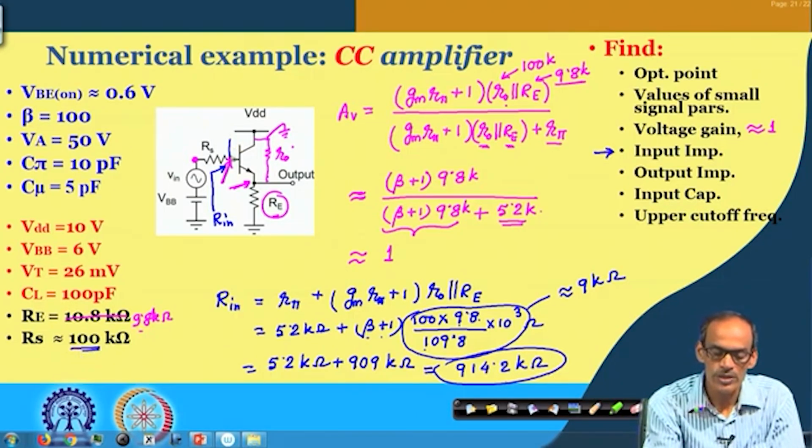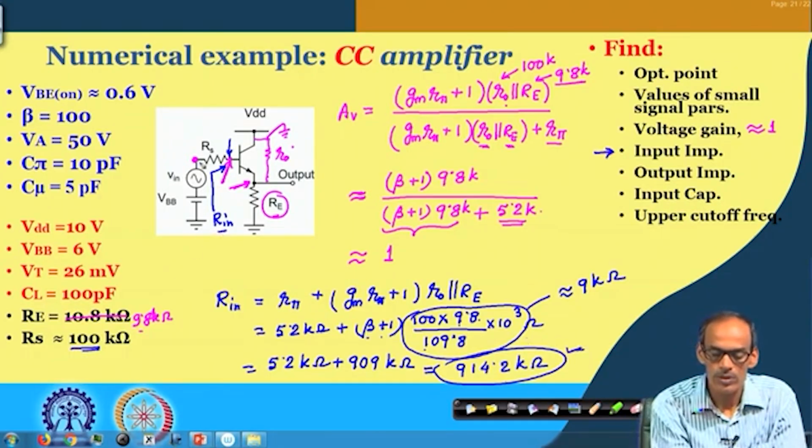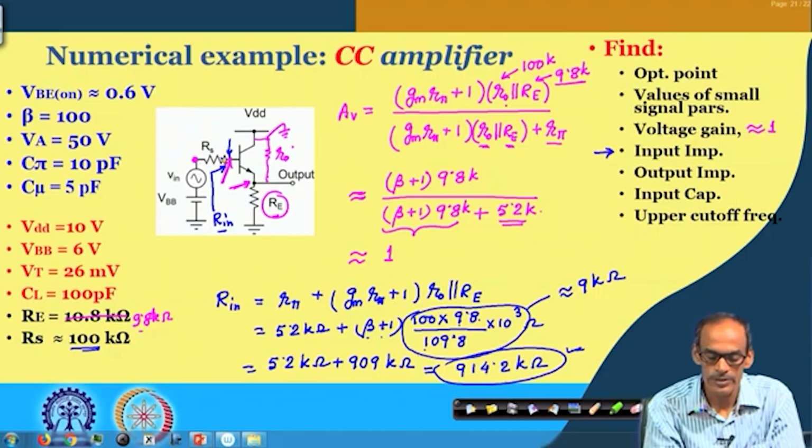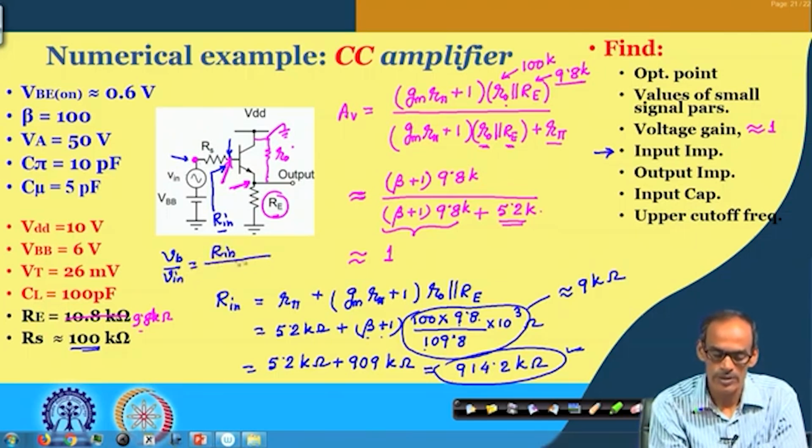So, consider the attenuation at this point due to the finite value of R s. The base voltage VB with respect to V in is given by R in divided by R s plus R in.